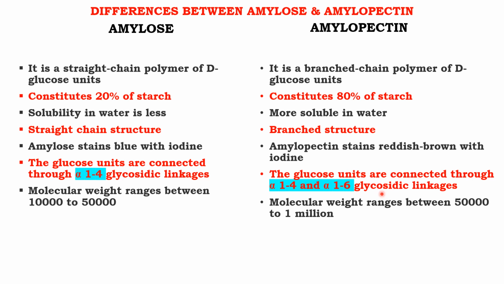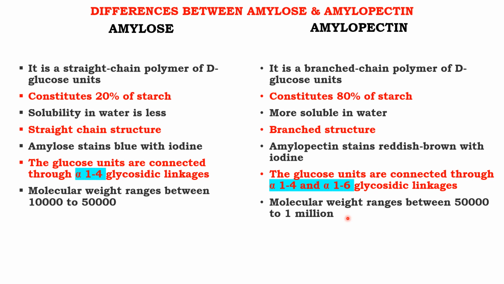That is why it forms a branched chain polysaccharide. The molecular weight of amylose is between 10,000 to 50,000, while the molecular weight of amylopectin is 50,000 to 1 million. These are the main differences between amylose and amylopectin.